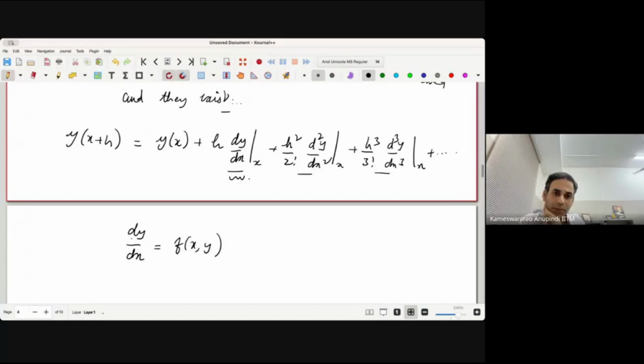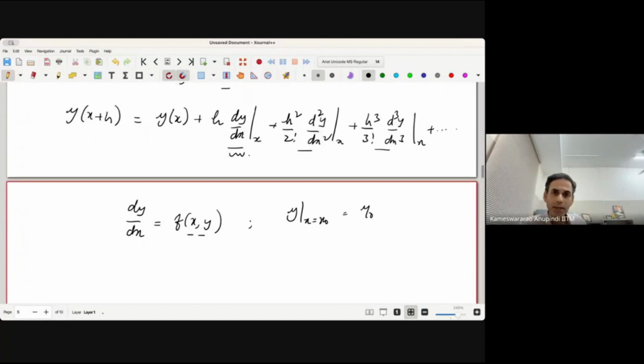That means dy dx can be calculated and then substituted here, okay? Because we are given what is y at x equals x naught, or x, we know this is y naught. So if I substitute x naught, y naught, I can calculate what is dy dx at that x naught. I'm using x here, which is basically the same as x naught. That is the initial value that we know.